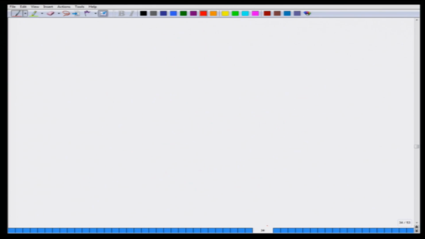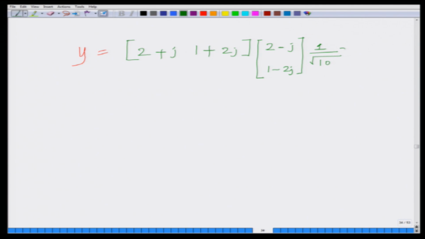Once I substitute this transmit vector, I obtain Y equals (2 plus j)(2 minus j) plus (1 minus 2j)(1 plus 2j), times 1 over square root of 10 into X plus W. The first is 5 and the second is 5, so 5 plus 5 is 10, divided by square root of 10.